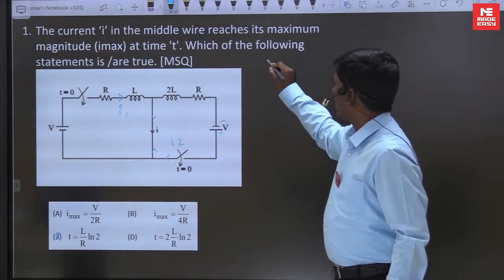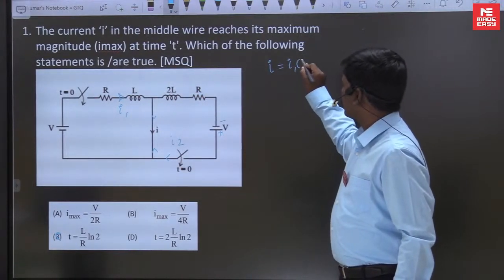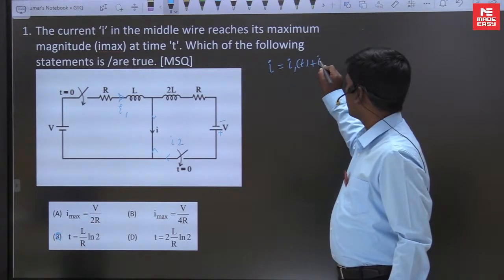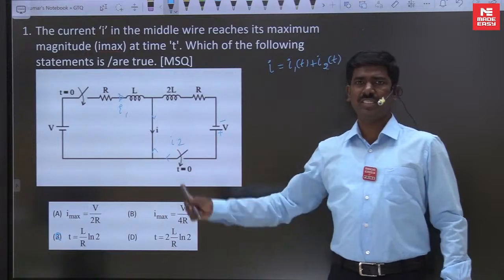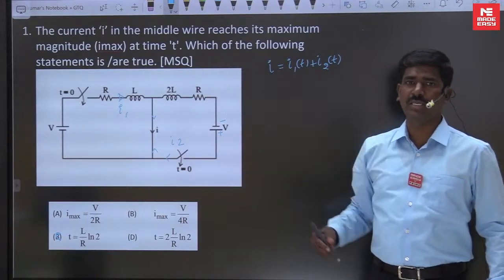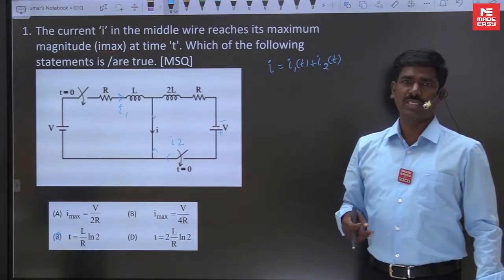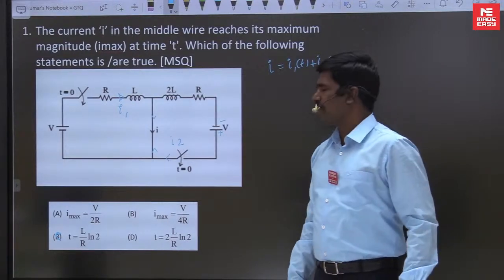I is equal to I1 of T plus I2 of T. What is I1 of T? It is a series RL circuit supplied by DC. Directly we use final value plus (initial value minus final value) into e power minus t by tau.